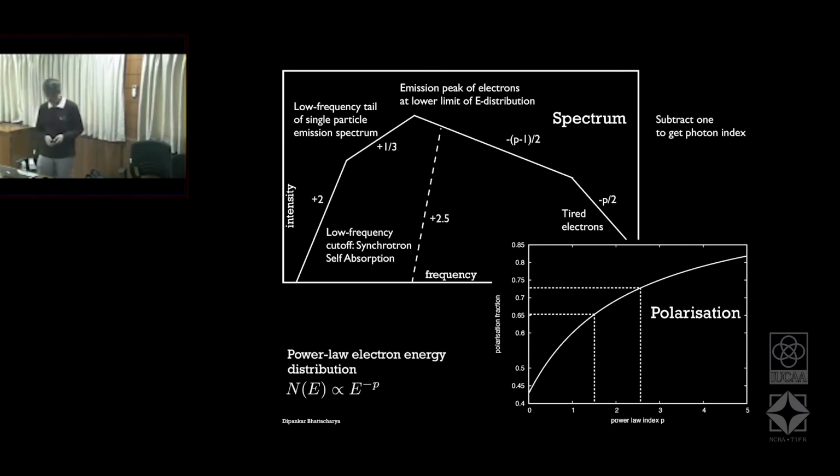Yeah, I had another question. So there's also a low frequency cutoff. So why should this cutoff be there? No, sorry, you mean this one? Yeah. No, this is the same as the synchrotron self-absorption. It could be either here or there. It cannot be in both places in the same system. No, I was talking about the low frequency cutoff. There's a cutoff in frequency, so beyond that, there's no intensity.